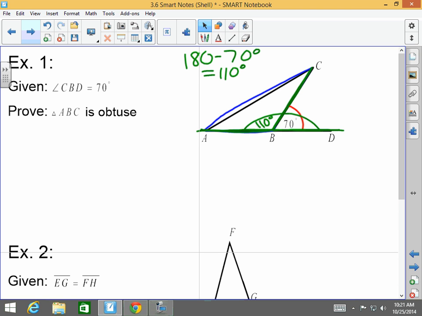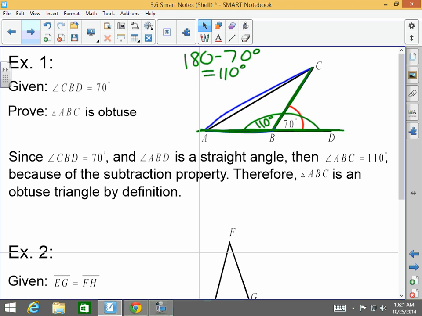How do I put that in a nice, neat paragraph? Well, this is what I thought of. Since angle CBD, which is this guy right here, is 70 degrees, and angle ABD is a straight angle, which we already defined, then angle ABC must equal 110 degrees because of the subtraction property.